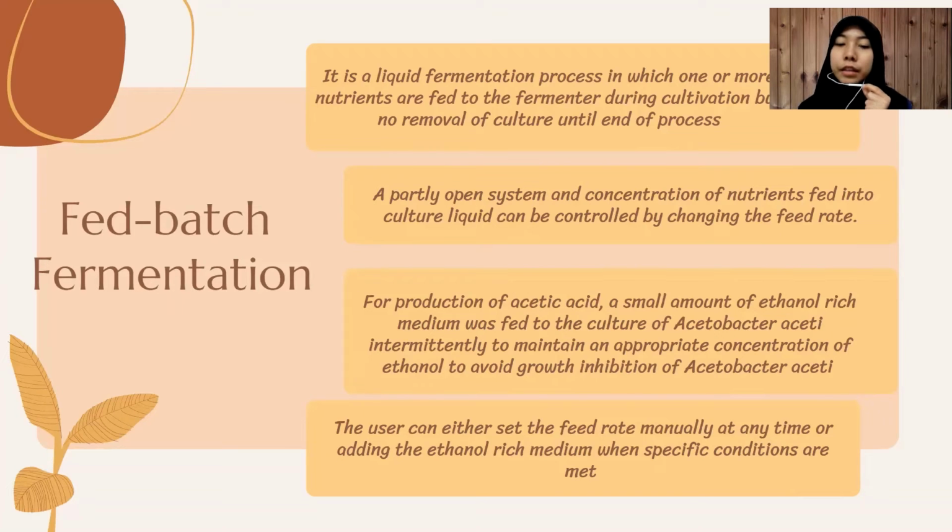Thus, the user can either set the feed rate manually at any time or add the ethanol-rich medium when specific conditions are met, such as when the desired concentration of acetic acid is met or when the nutrients are depleted.